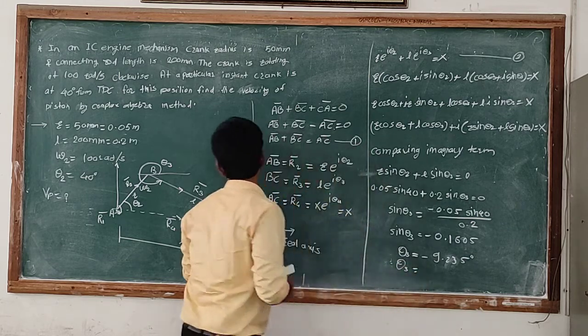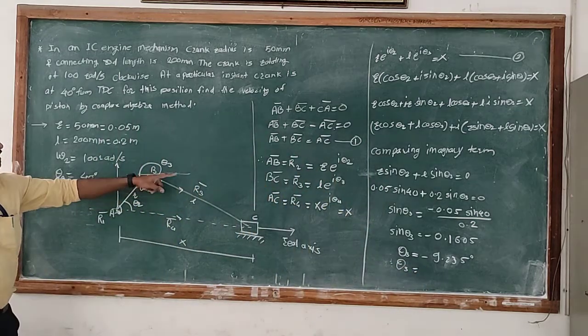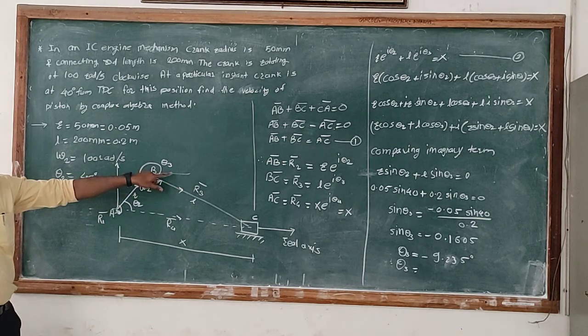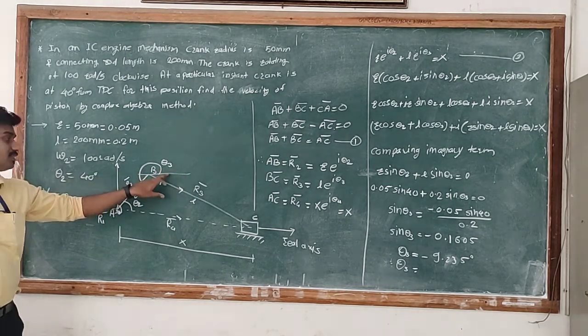If we see in this diagram, theta 3 is minus 9.235, meaning this angle is negative.